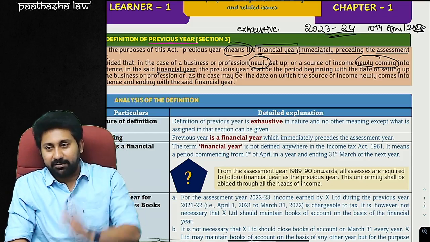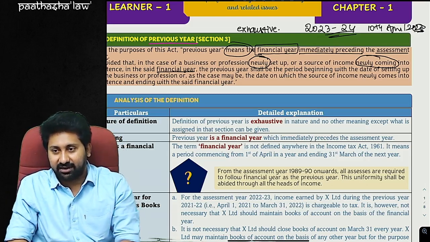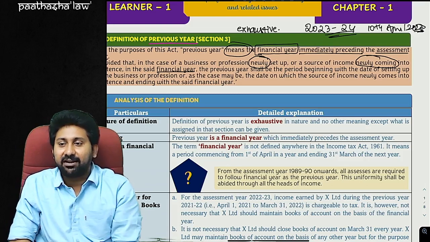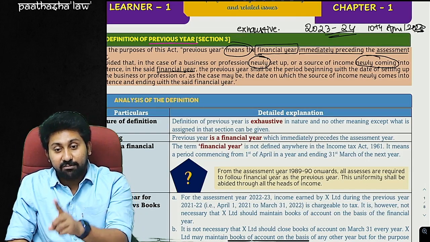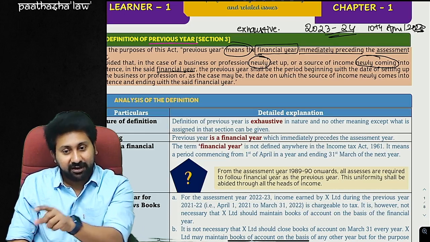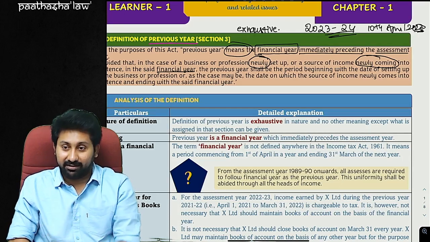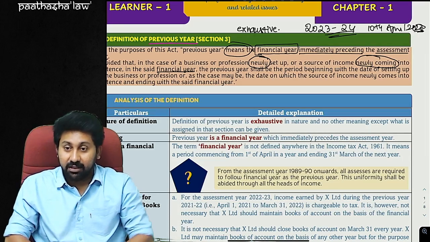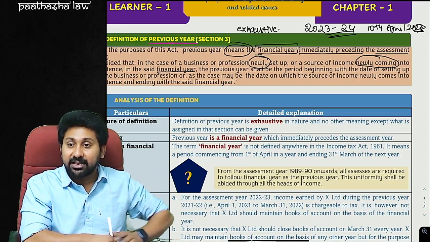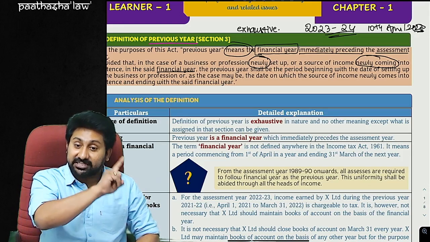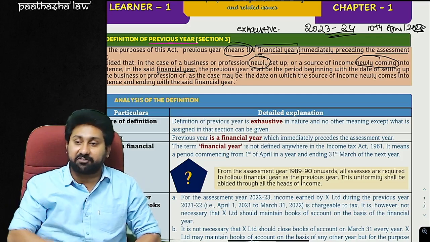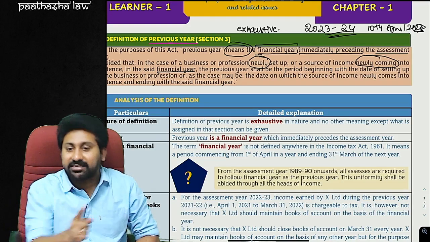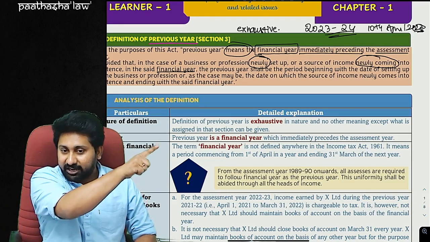Now you should understand, I entered into the movie field, so there I received my first cheque for a new source of income on 10th April. Now the question is, my existing source's previous year will start from 1st April ending with the next year's 31st March. But a new source has started during this particular 23-24.